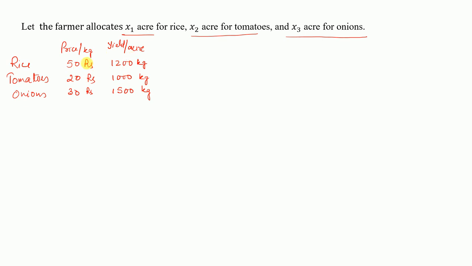So with the help of these two, we can derive another thing, that is selling price per acre. The selling price per acre which the farmer will get, you multiply these two things, and you will get 60,000, 20,000 and 45,000.